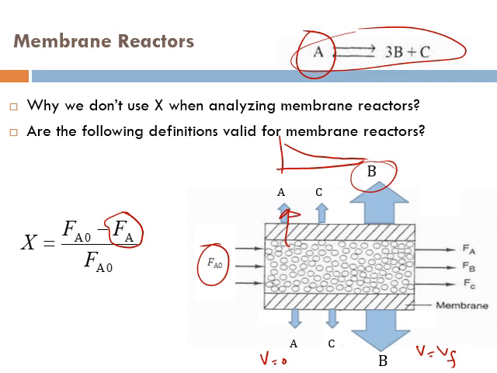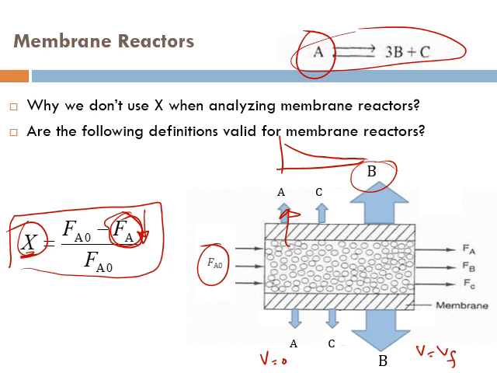So A is decreasing not because of conversion only, but because of conversion and diffusion. Therefore, this mathematical equation will be wrong to use to calculate conversion, because A is not decreasing because of conversion only, but also because of diffusion. So if X is wrong here, all my calculations will be wrong.